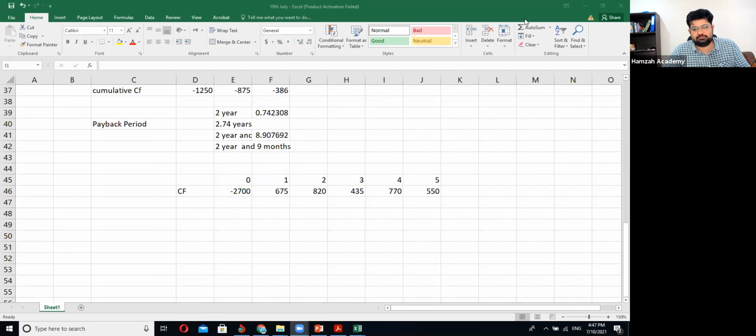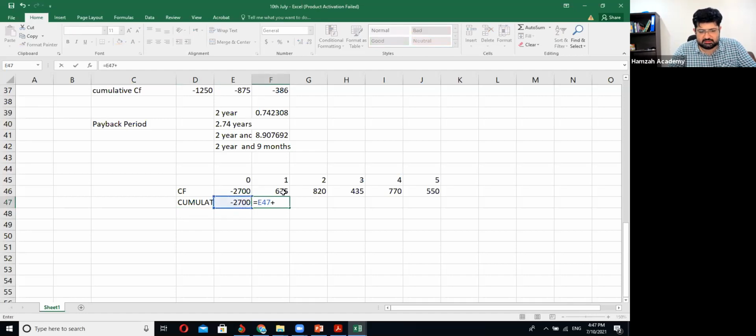By chance, it is a complete 4 years. Okay. Let me calculate cumulative cash flows: this plus this equal to this, plus this, equal to this plus this.